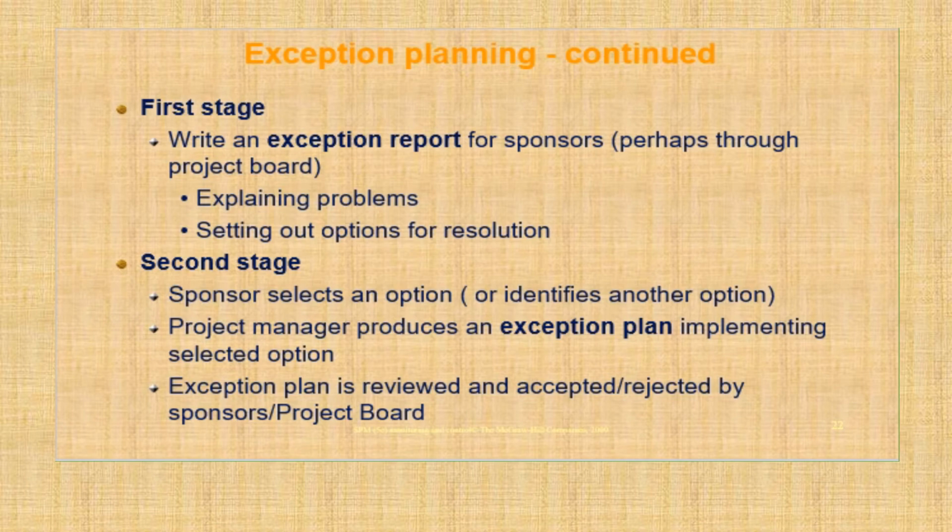Now it is the manager's responsibility to show what the exception plan is in this scenario, which can handle whatever exception they have chosen. Once the exception plan is drafted by the project manager, it is reviewed again, and it may be rejected or accepted by the board members, or the sponsors, as we call them. So these are the different stages of the exception plan.